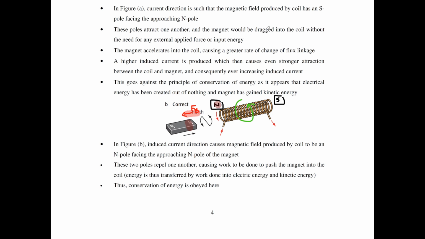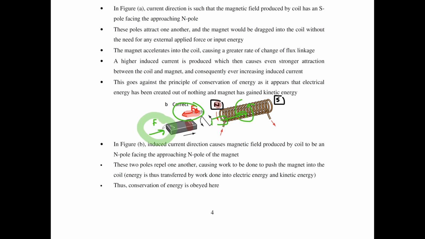Okay, so in such a case now, if you wanted to continue to have an induced current, you wanted to continue to generate electrical energy, you would need to purposely apply some sort of force to overcome this magnetic force so that your magnet can eventually go in, cut magnetic flux, cause flux linkage change in order to cause induced current. Now, in such a case, because you had to purposely apply a force to push the magnet in, this means you're doing work.